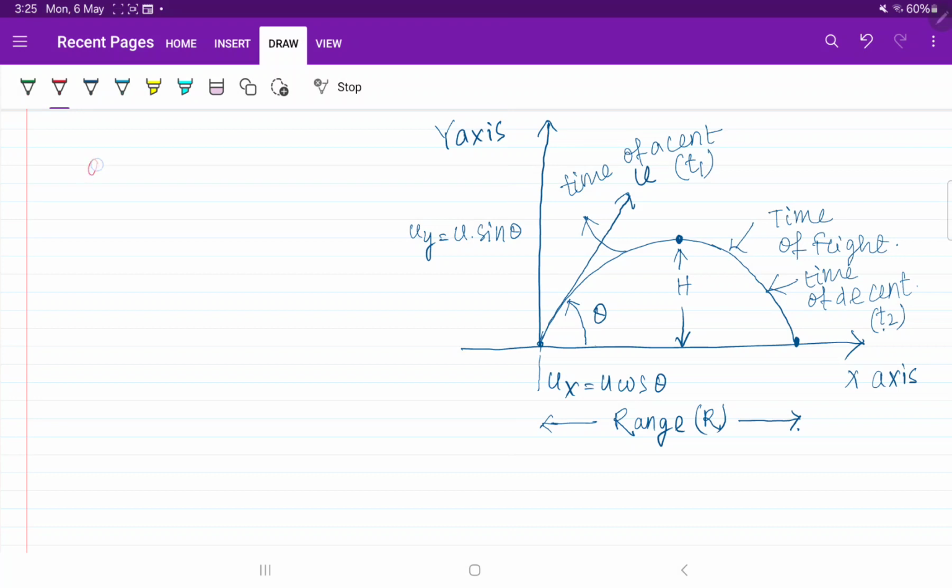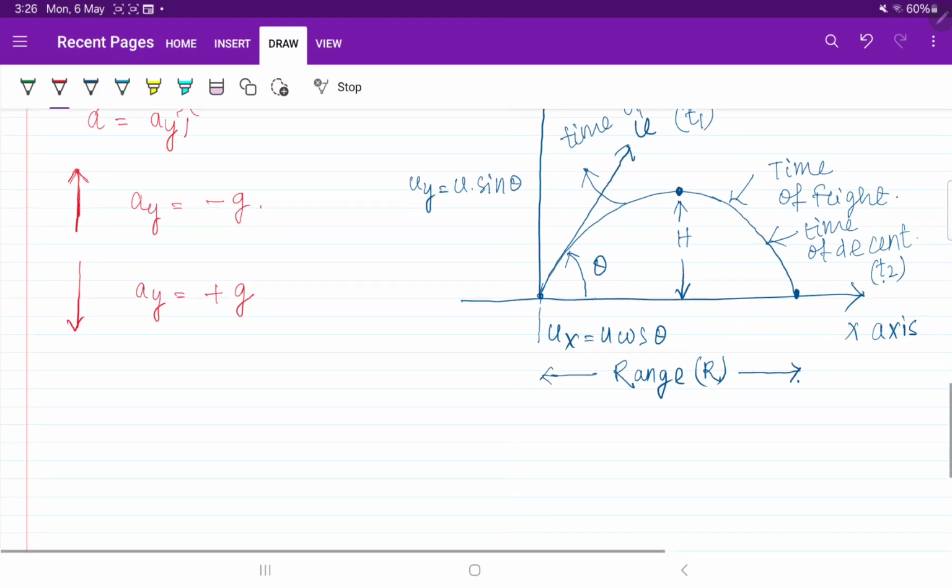So we can write the acceleration vector as ay j cap. For convention and easy calculation, if the projectile is moving upward, it is going against gravity, so we define the acceleration component ay as minus g, and when it is falling towards the earth, ay can be written as plus g. This is the sign convention that we use to make the calculation simpler.